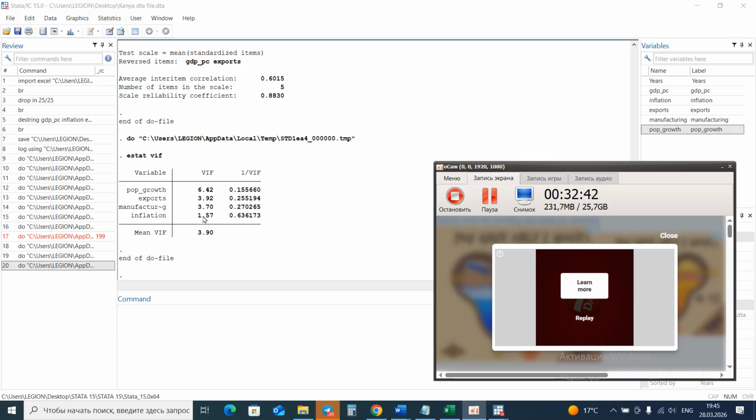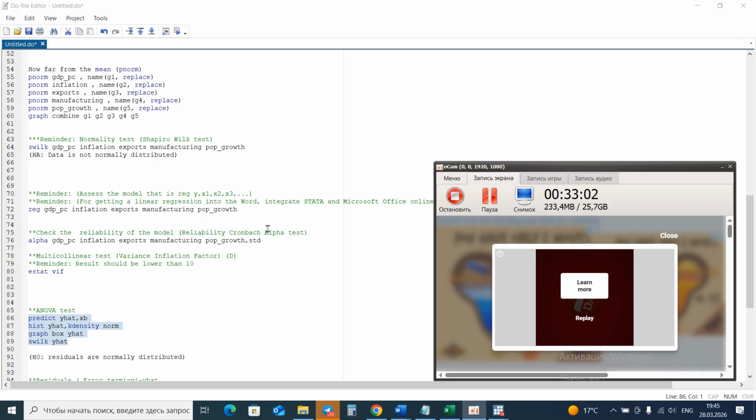When it is from 1 to 5, it means it's moderate and acceptable, as with exports and manufacturing, and if it's from 5 to 10, it means it's high. Yes, so let's move to the next part, which is the ANOVA test.